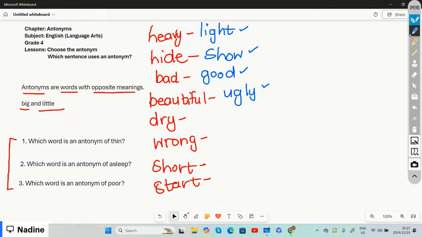Yes, the opposite of dry is wet, or the opposite of wet is dry. Yes, the opposite of wrong is right. Right is correct. Well done.